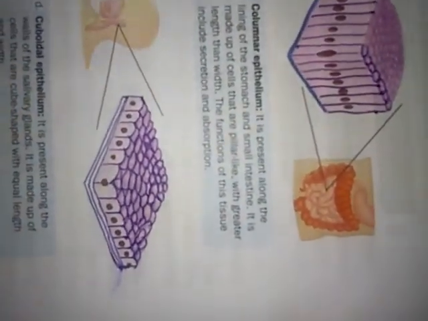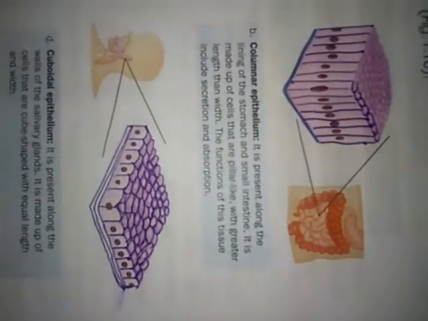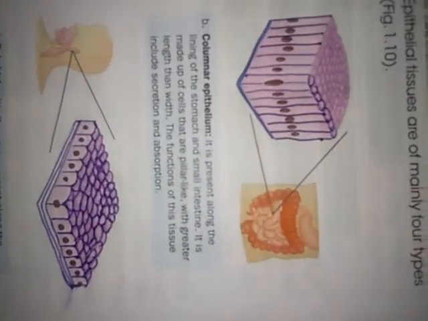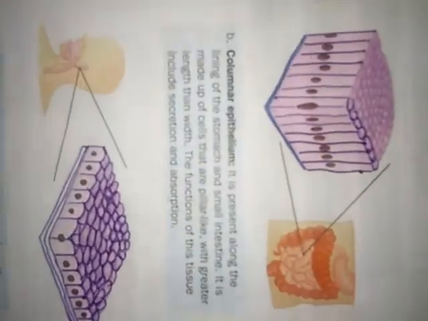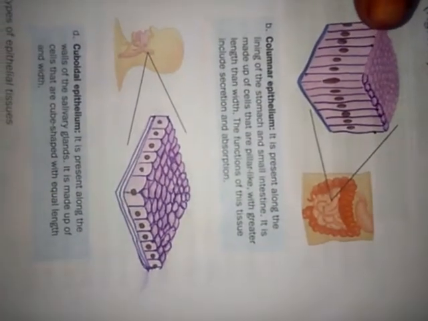Stomach and then small intestine. The cells are like pillars. Each cell has greater length and less width. What are the uses of columnar epithelial tissue? Secretion and absorption.